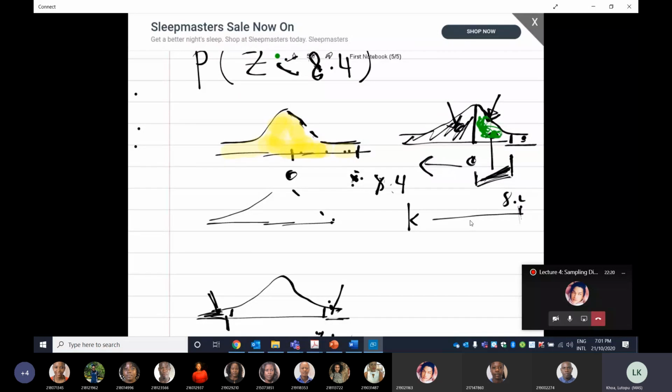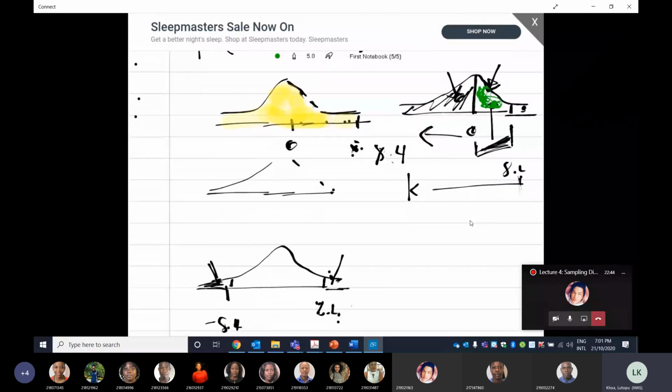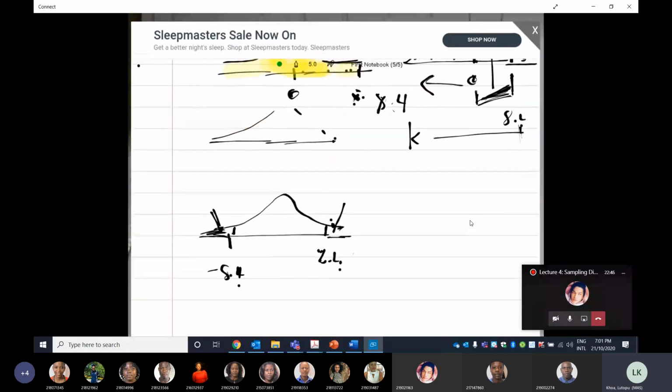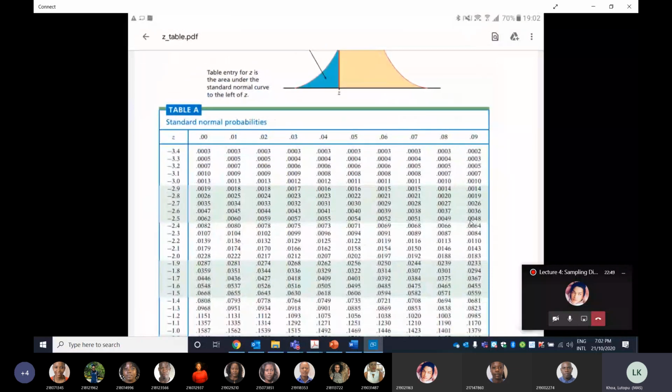The unshaded area I would get from reading the table, because my table gives me values that are on the left of 0. I will read the value of negative 8.4 because it's symmetric. The area on the left of negative 8.4 is exactly the same as the area on the right of 8.4. So we go to our table, and if we look at that, our table only stops at negative 3.4.